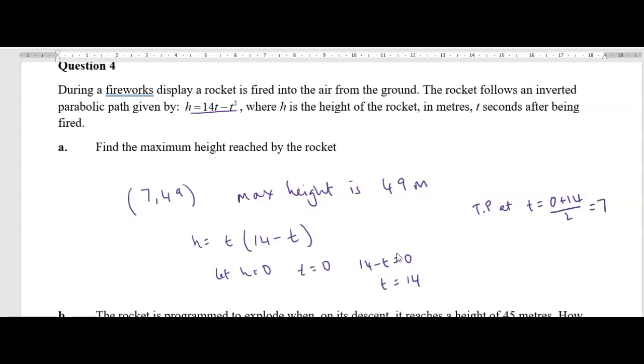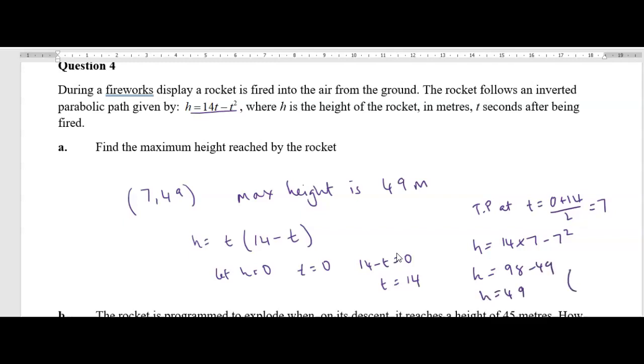And then you can just substitute into h. So h equals 14 times 7 minus 7 squared. So h equals 14 times 7. Now I'm guessing it's 98, just because I know what the answer is. Let's just double check. 98, good. 98 minus 49, and h equals 49.